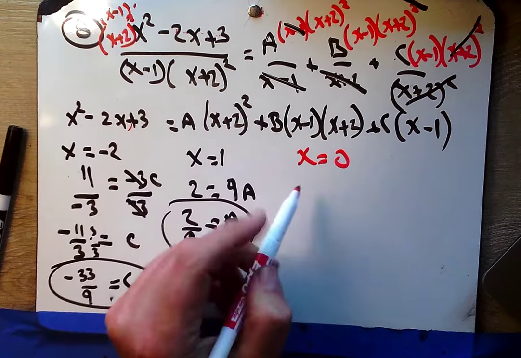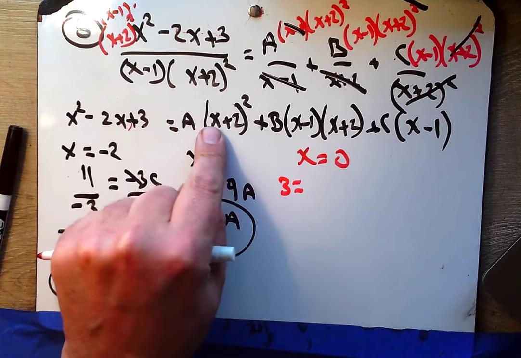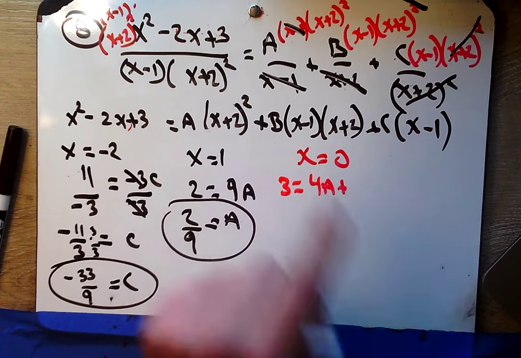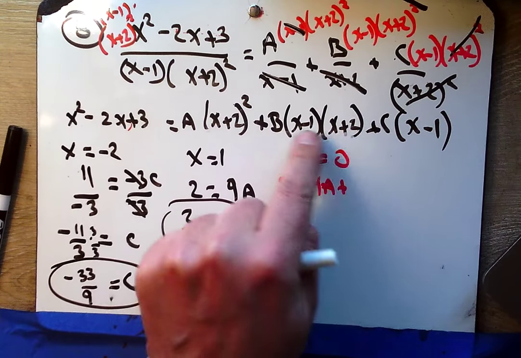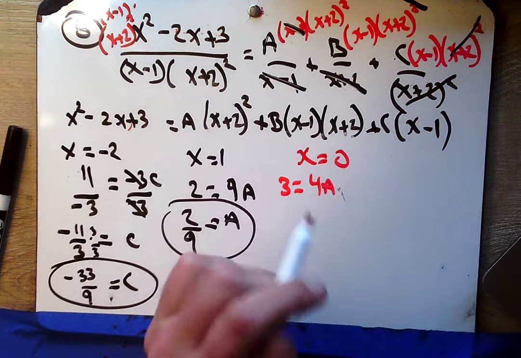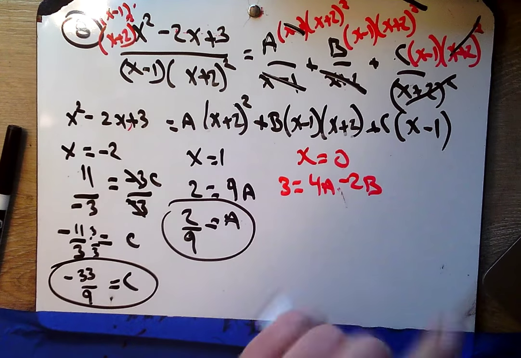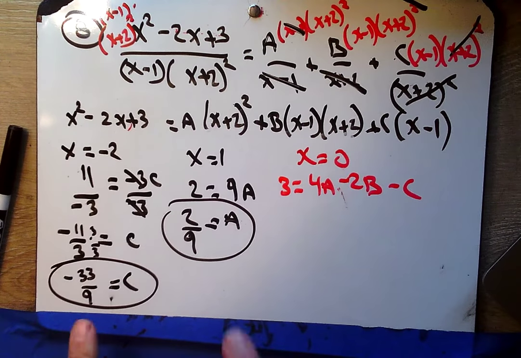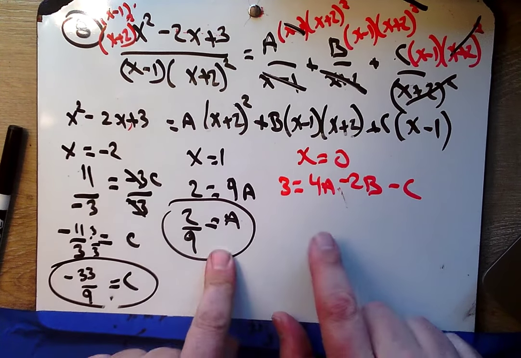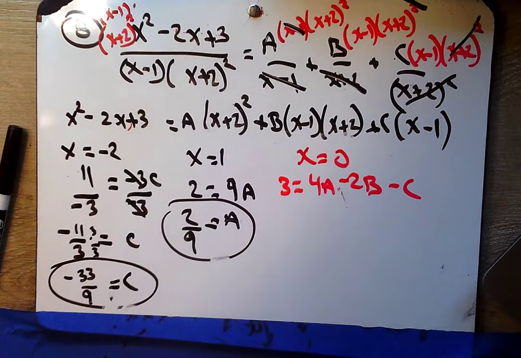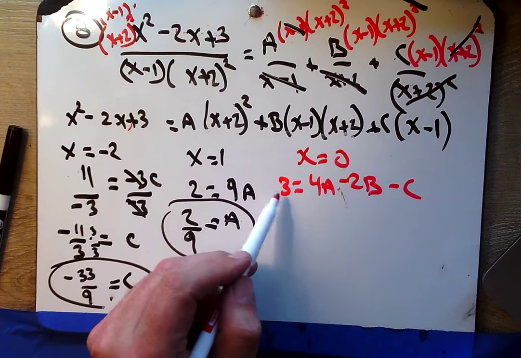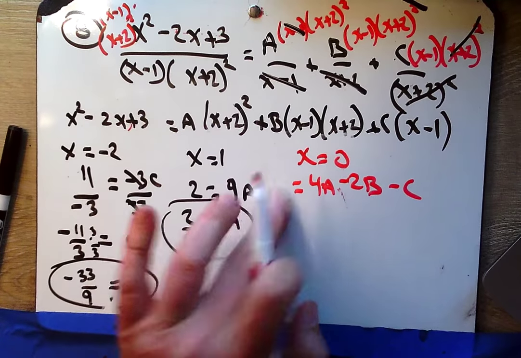Plugging in 0, 2 squared is 4a, plus 0, 0, I'm going to get negative 2b. And if I plug a 0 in here, I have negative c. So let's plug in our a value and our c value and solve for b. Oh, and since these are ninths, I'm going to turn that into 27 ninths.